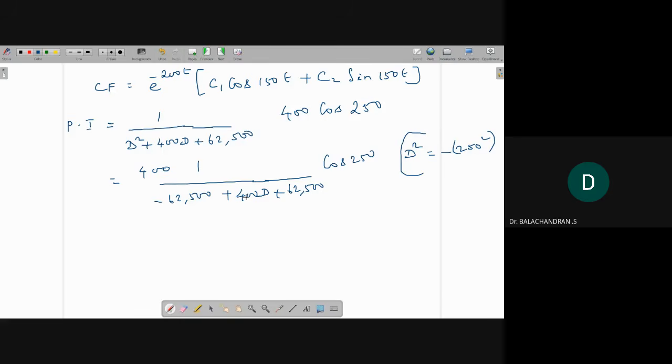So minus and plus get cancelled, and 400 cancels with 400. So 1 by D into cos 250t. If you integrate this, you get sine 250t divided by 250. Now this is your particular integral.